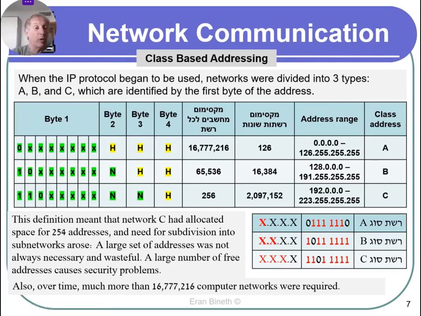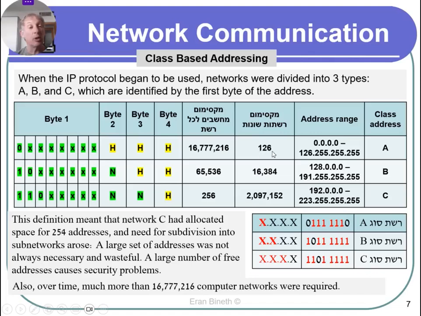This might be good for a small office with, let's say, 300 computers, but not necessarily good for Coca-Cola, having many more. Accordingly, Coca-Cola might have asked for an A-type class, sharing almost 16 million computers. However, by doing so and sharing only the left side octet, opening place for so many millions of computers within the same network, it bounded the number of such companies to only 126 by this octet.